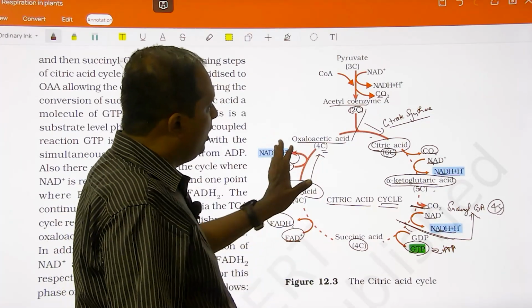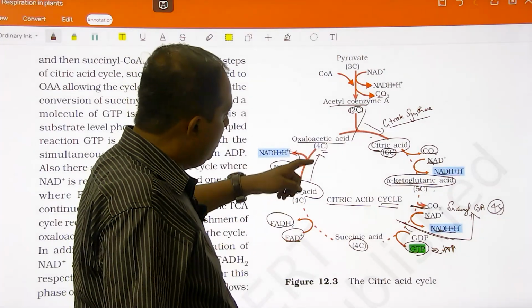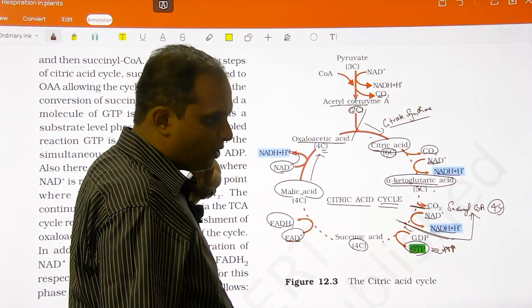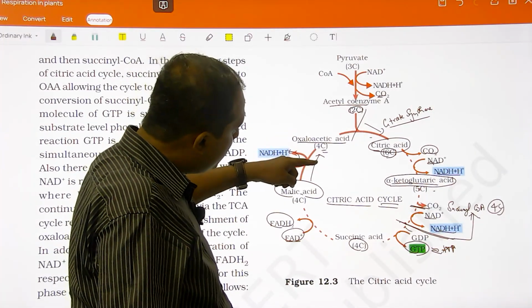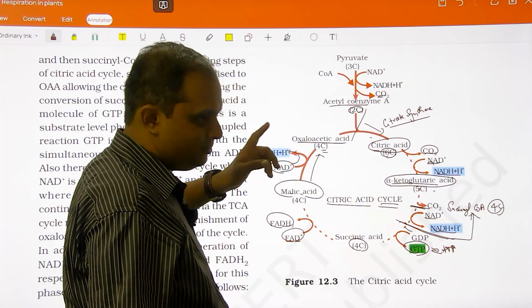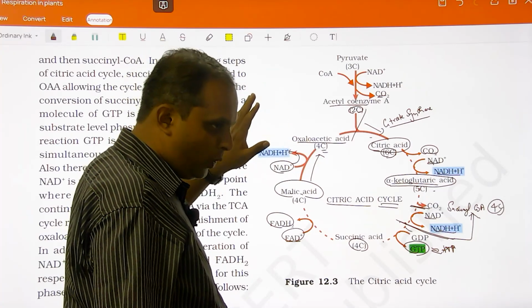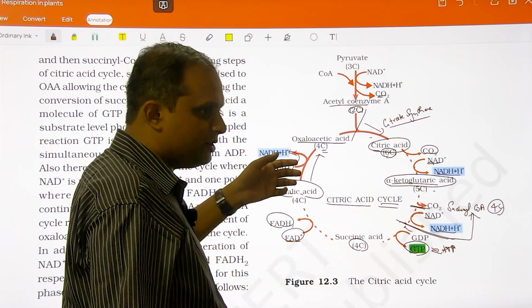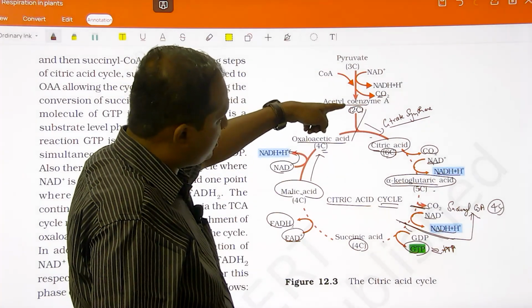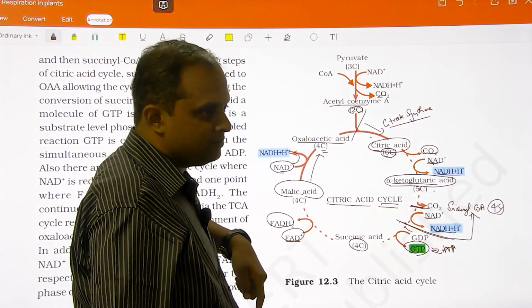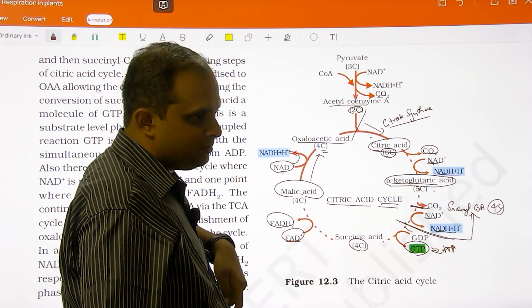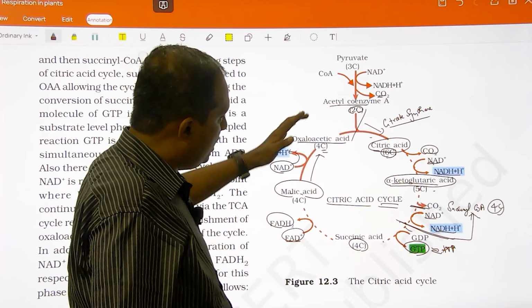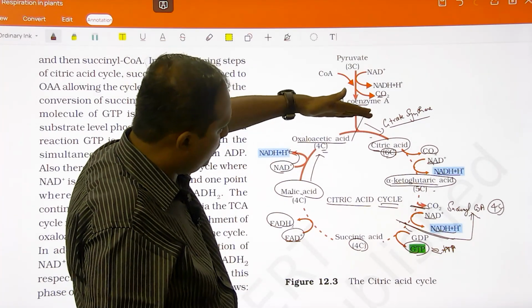So in short, you have a 4 carbon oxaloacetic acid, and you get back the 4 carbon oxaloacetic acid. 4 carbon OAA is there, and 4 carbon OAA came back again. So what has happened to the acetyl CoA which got added? You just forget this.